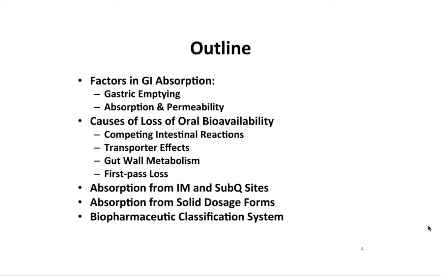Now, there are two very important determinants of gastrointestinal absorption, primarily gastric emptying and intestinal absorption and permeability. The first potential site for absorption of orally administered drugs is the stomach.